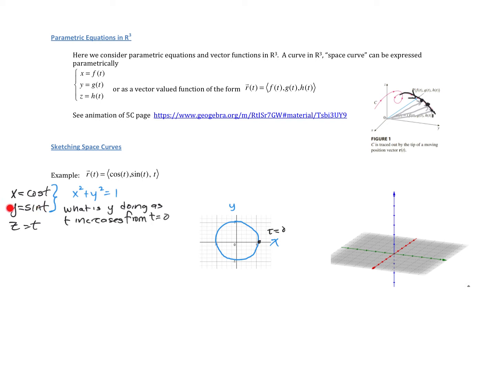If I think about what y does, now you don't have to graph this, but this is what I'm thinking of in my head. If I think of y as a function of t, y is sine of t. So as t increases from 0, y is getting bigger. It's going from 0 to 1. As t increases from t equals 0, y gets bigger, y increases.